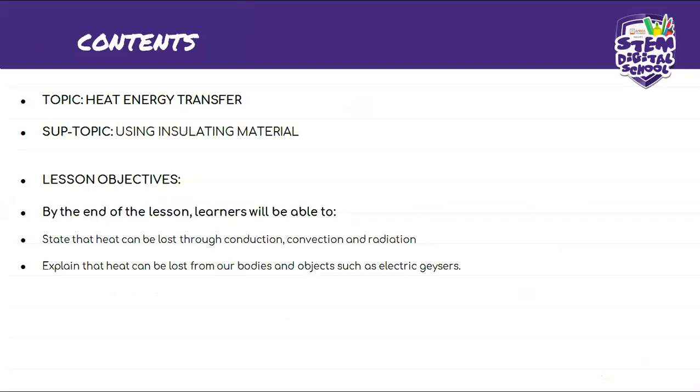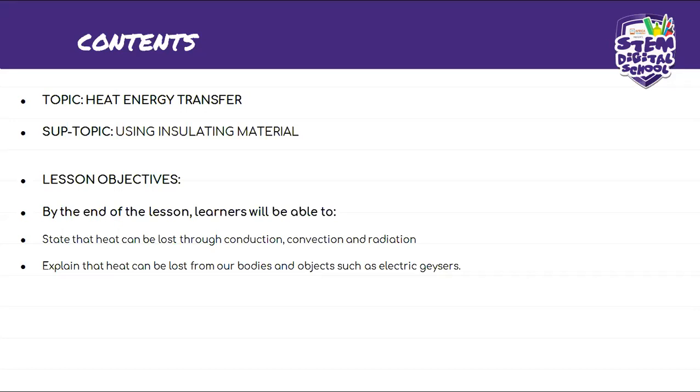And then you remember our previous lessons, we spoke about conduction, convection, and radiation. You remember we said conduction was a heat transfer in which heat is transferred between objects when they are in contact.